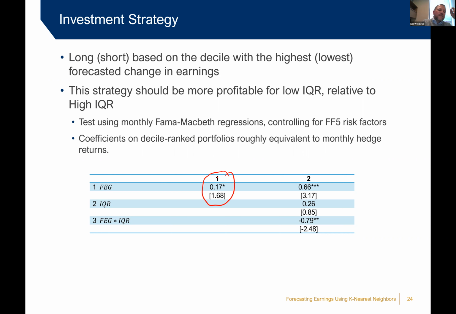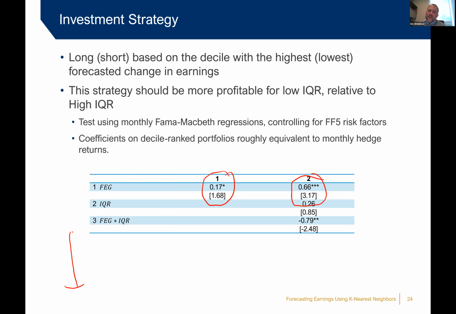The rest of this table in the paper controls for all the Fama French 5 risk factors. But really where it does well is if we condition the strategy between high and low IQR observations. Once we include this interaction, this becomes, in a sense, the hedge.